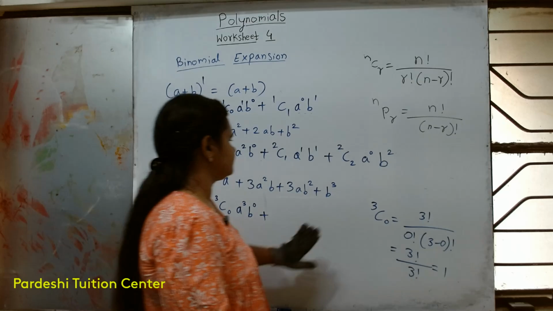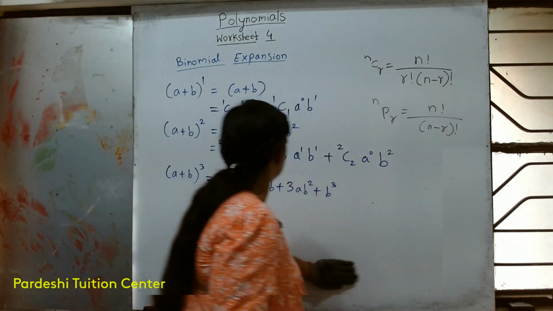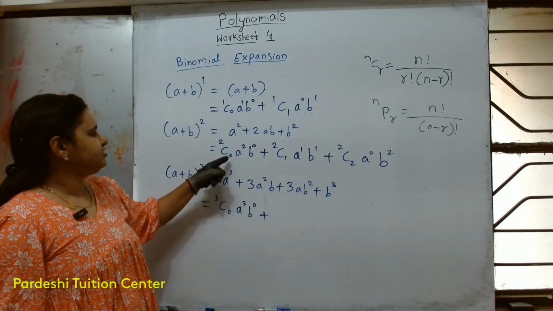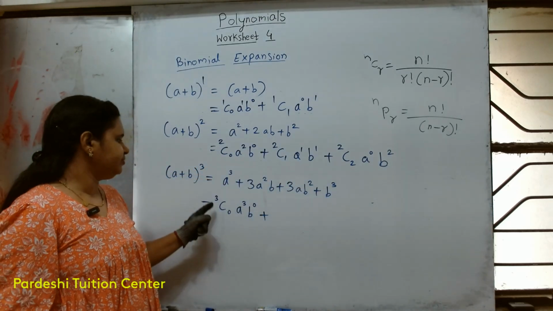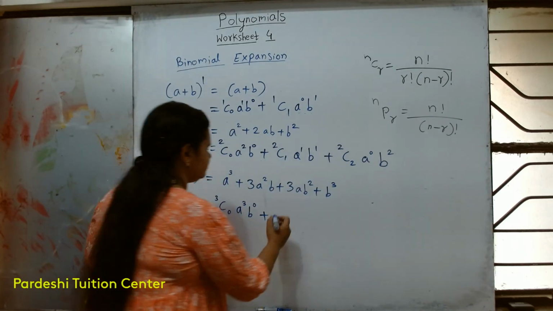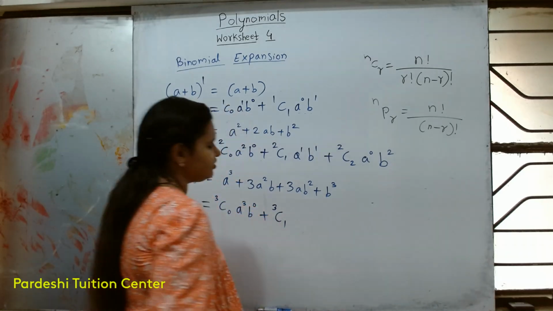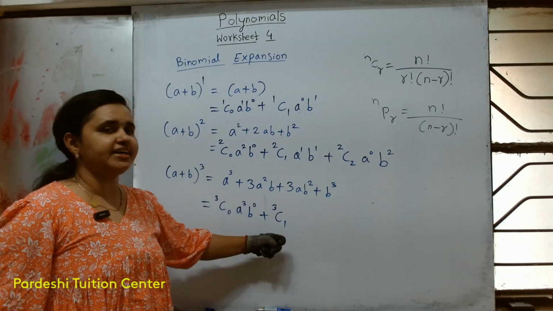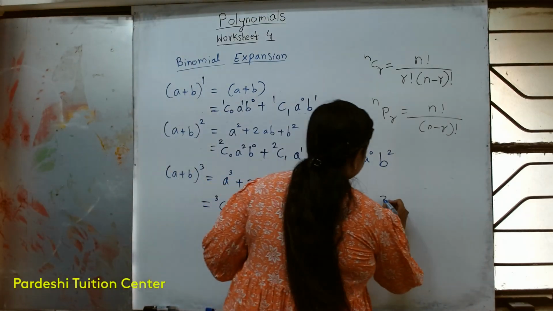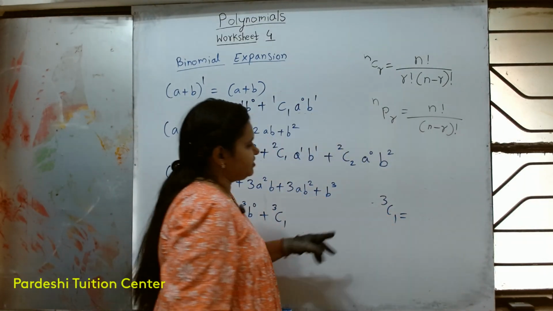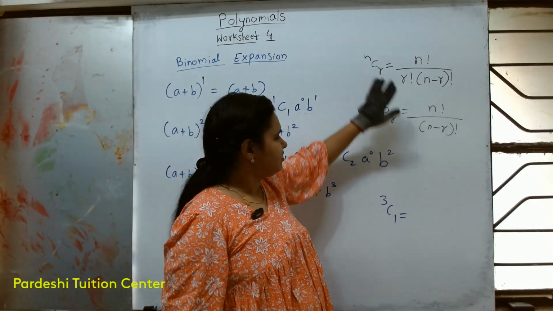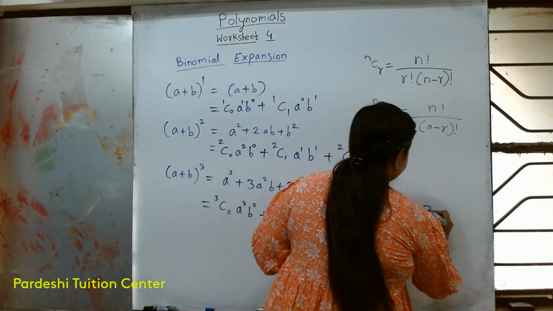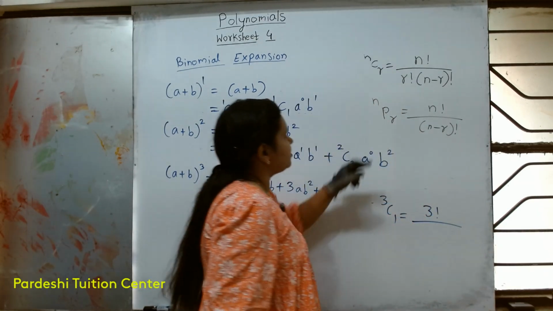Okay. Now, just like the sequence we solved earlier, 2c0, 2c1, 2c2, it will be 3c0, 3c1. Now let us check if the coefficient is coming as 3. If I put 3c1 in the formula, n factorial, here n is 3, so it will be 3 factorial upon r factorial.